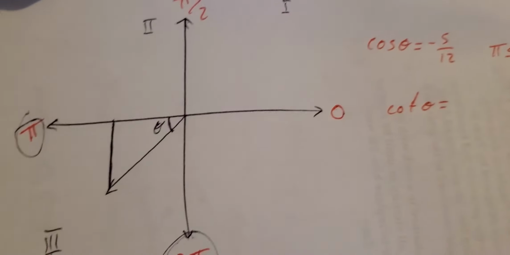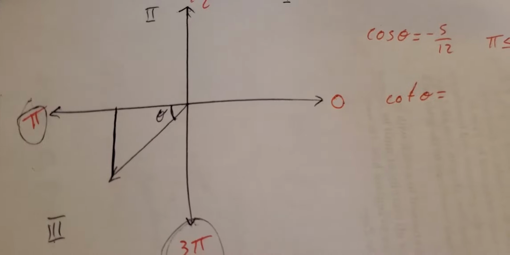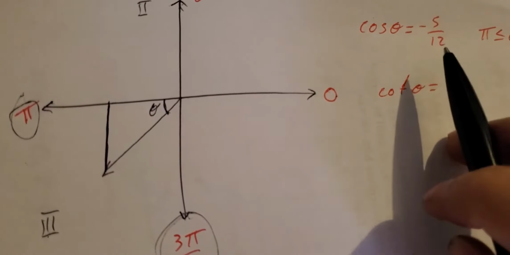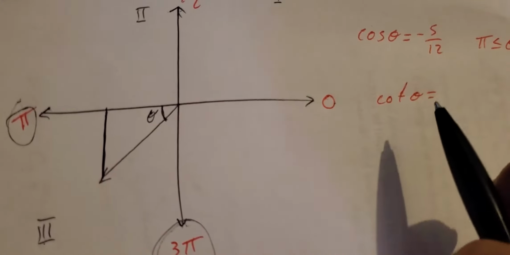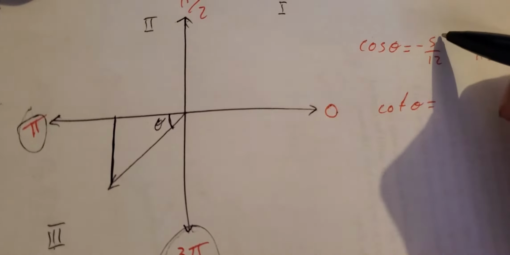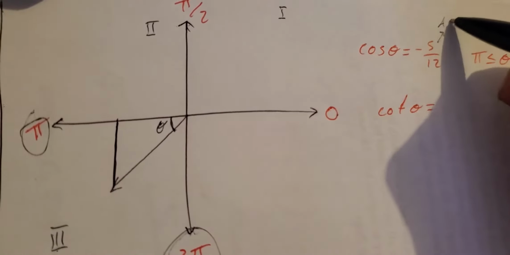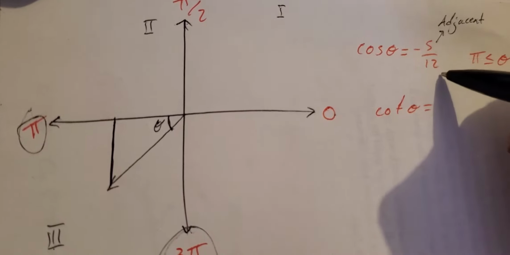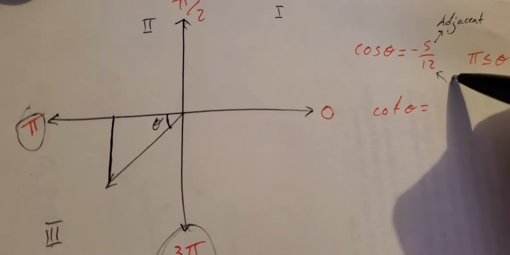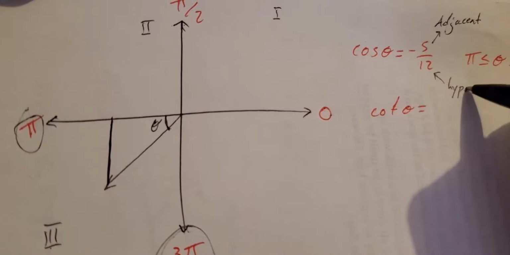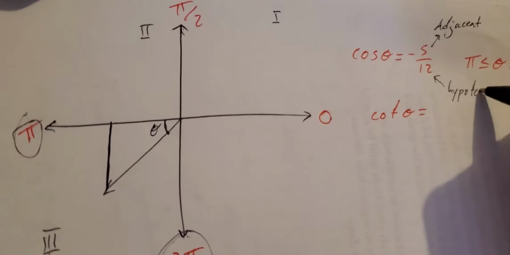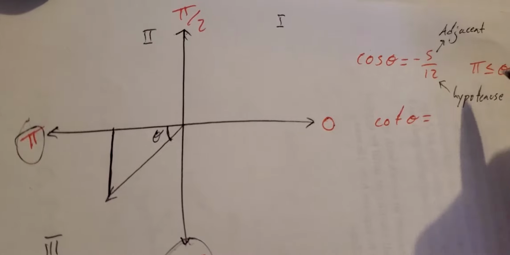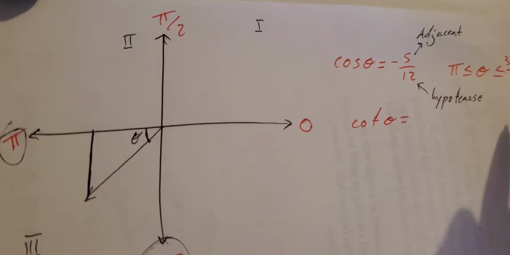Now, I know something else. Over here, I know that cosine is negative 5/12. I only know that 5 is my adjacent side and the 12 is my hypotenuse. Remember, adjacent over hypotenuse, that's cosine.